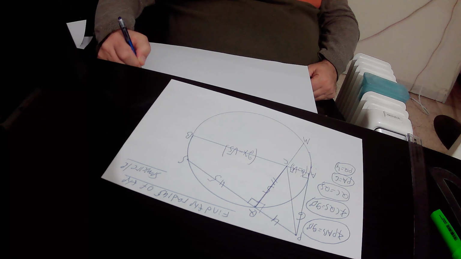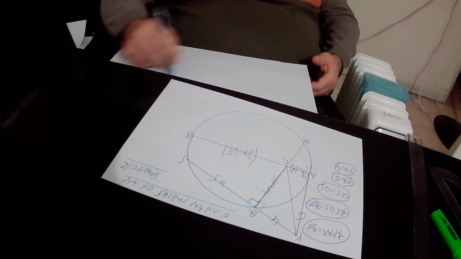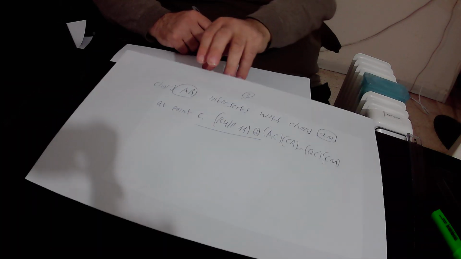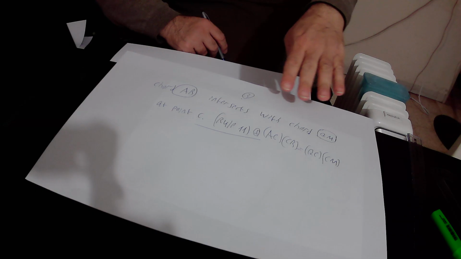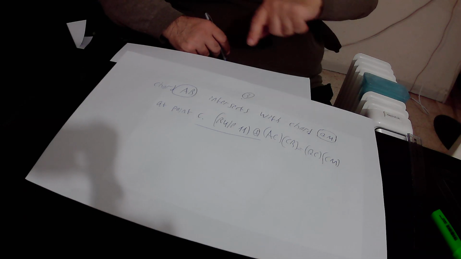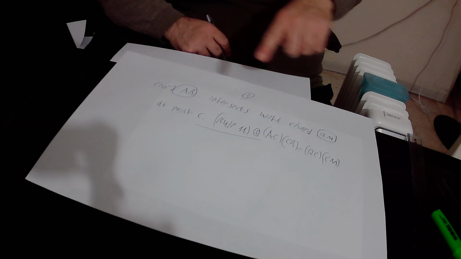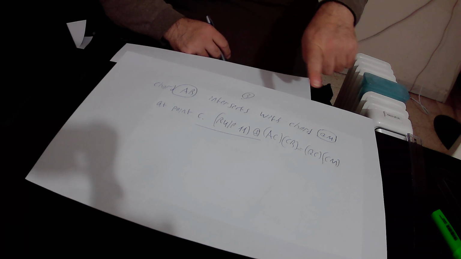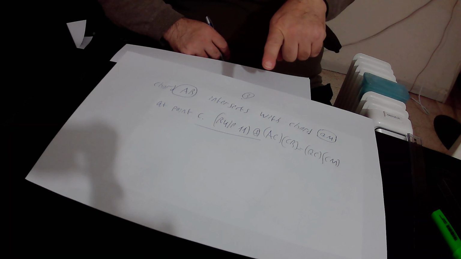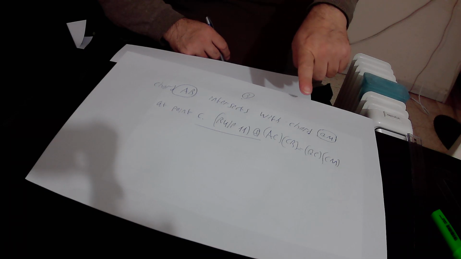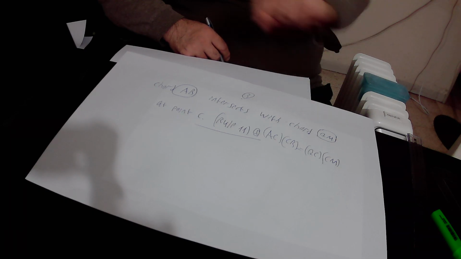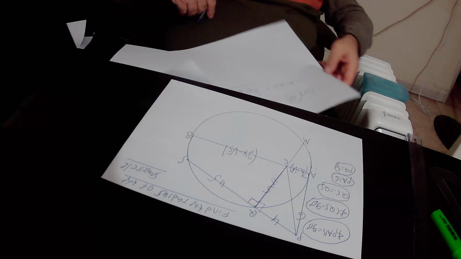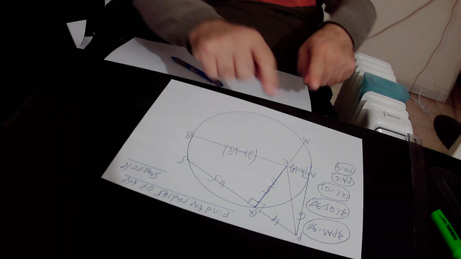This equation is the implementation of rule number 11 in our drawing. Here we will define line segment CM as B.